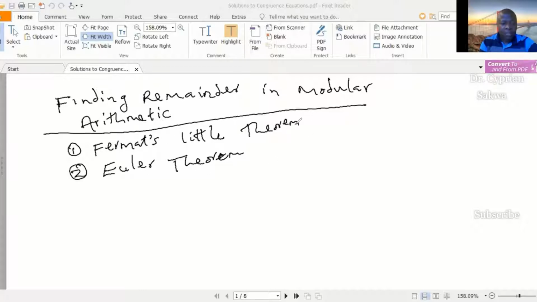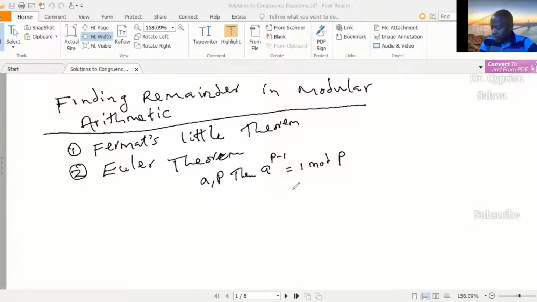Now we know the statement of these two theorems. Fermat's little theorem says that if you have two integers, a and p, where p is a prime integer which does not divide a, then a raised to p minus 1 is congruent to 1 mod p.